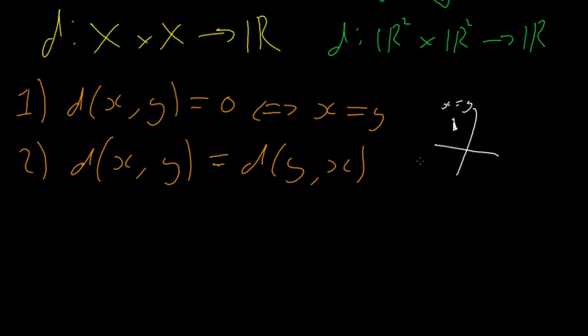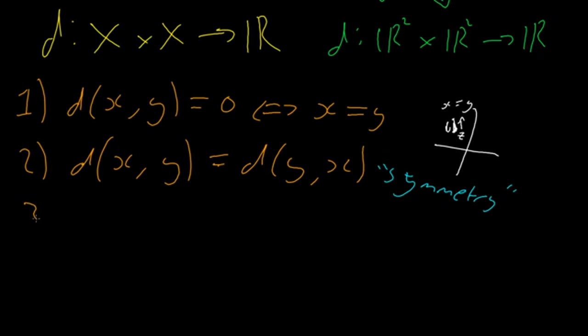If we travel in one direction from, say, this is a point z, if we travel in this direction, then we want that to be the same distance as if we travel in the other direction. So this is what this property of symmetry defines for us.